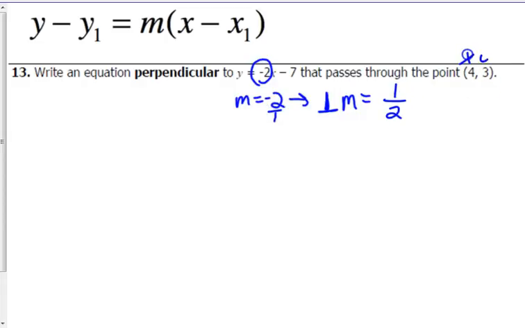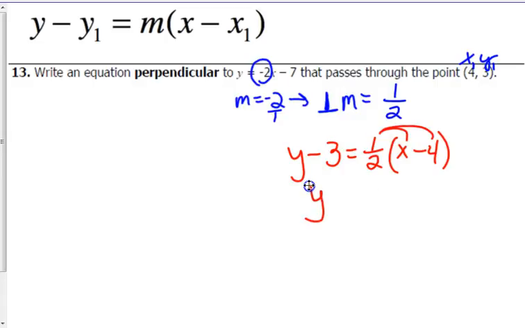Alright, we're going to use this x and this y. Austin, what will that look like when we plug it into this equation here? We'll have y minus what? Equals? Good job. Yep, 1/2. Good job. Alright guys, what's half of negative 4?